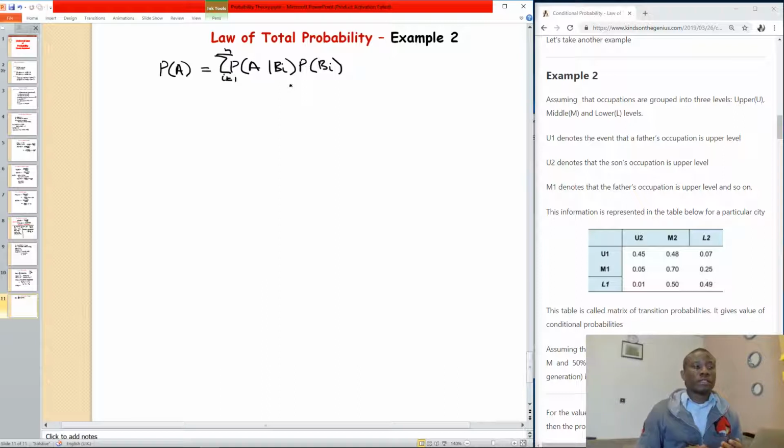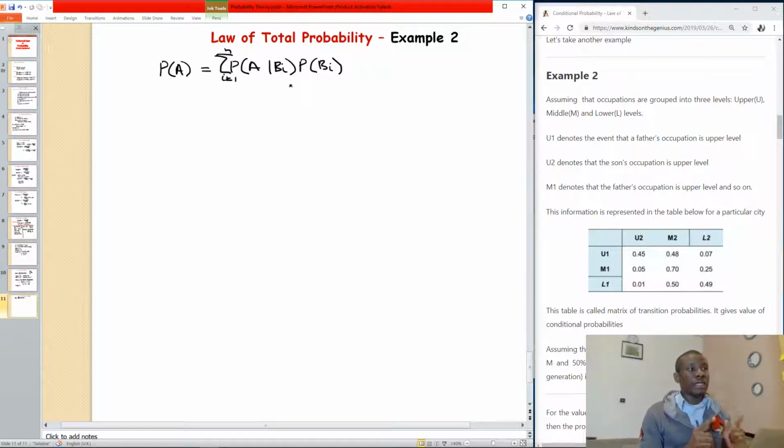So now we are still continuing with this example, assuming occupations are grouped into upper, middle, and lower levels. U1 denotes the event that a father's occupation is upper level, and U2 denotes that the son's occupation is upper level. So U is for upper. The subscript, either 1 or 2, represents the father or the son: 1 for the father, 2 for the son.